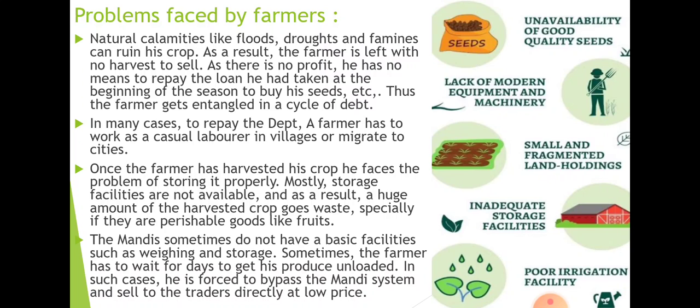As there is no profit, he has no means to repay the loan he had taken at the beginning of the season to buy his seeds. Thus the farmer gets entangled in the cycle of debt. So this is the main problem faced by Indian farmers. If they have to grow something in their field, they have to take loans from money lenders, and after getting money, they purchase seeds, fertilizers, and pay for water and irrigation facilities.